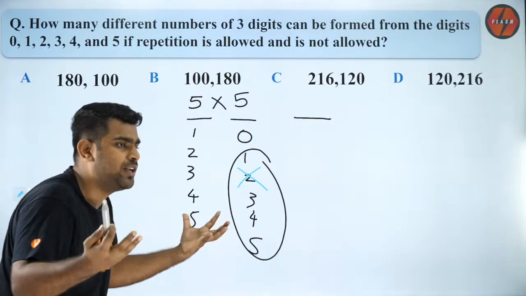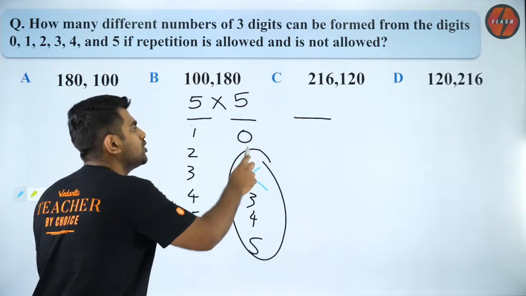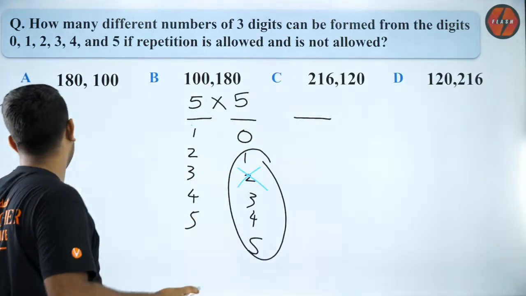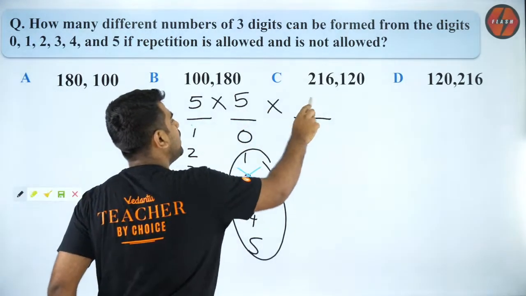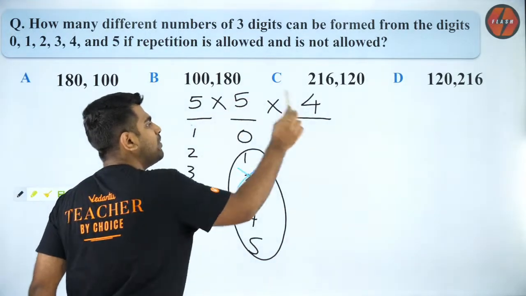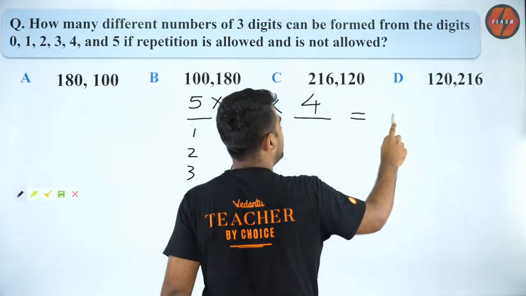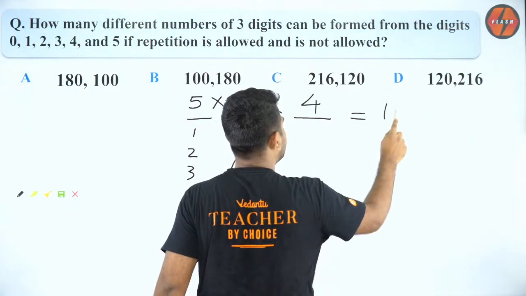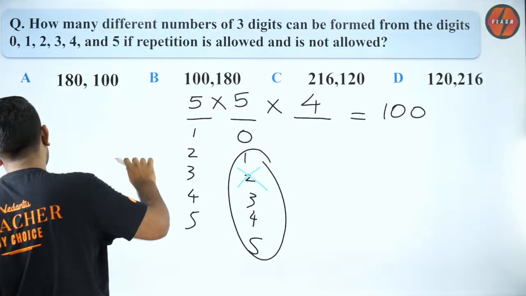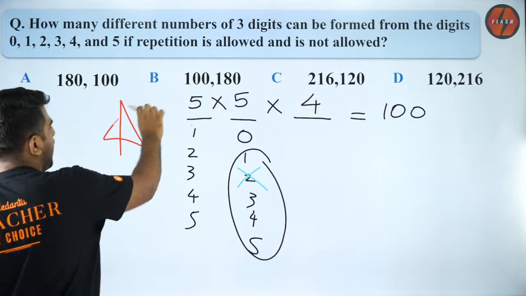We don't know which one, but one of them will already be present in the first place, so I cannot include that. So only 5 ways. The last one will be 4 ways, because one goes here, one goes here, and remaining only 4 choices I have. That will be equal to 100. So that is the answer, 180 and 100. If you got that right, then you will all get a star.